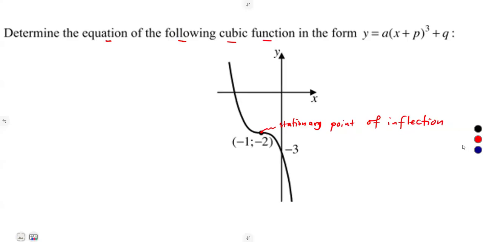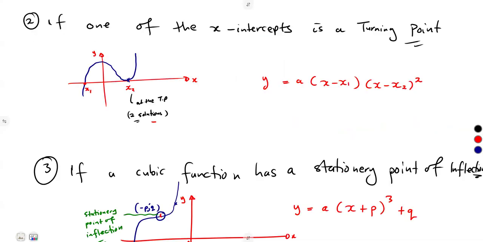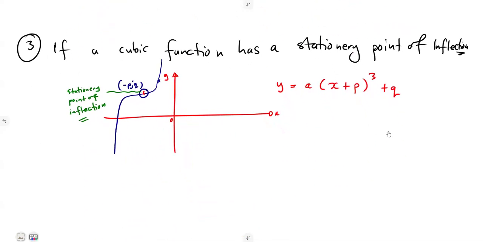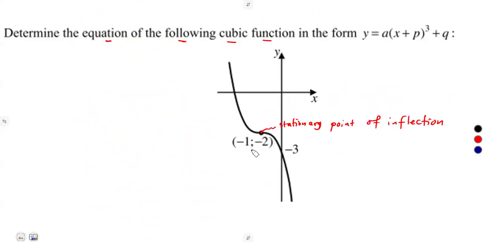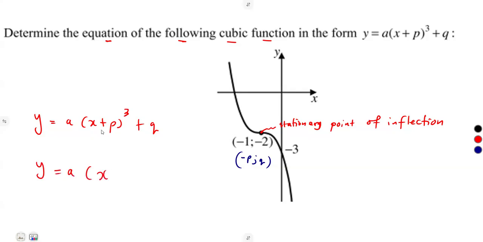So with this, remember our format here. If we are given f of x, all right, y is going to be written in this form. From the point minus p, q. So in our case, if it was given as minus p, q like this, we know that we're going to substitute as y is equal to a into x plus p cubed plus q, like this. So take note, that's a into x plus.